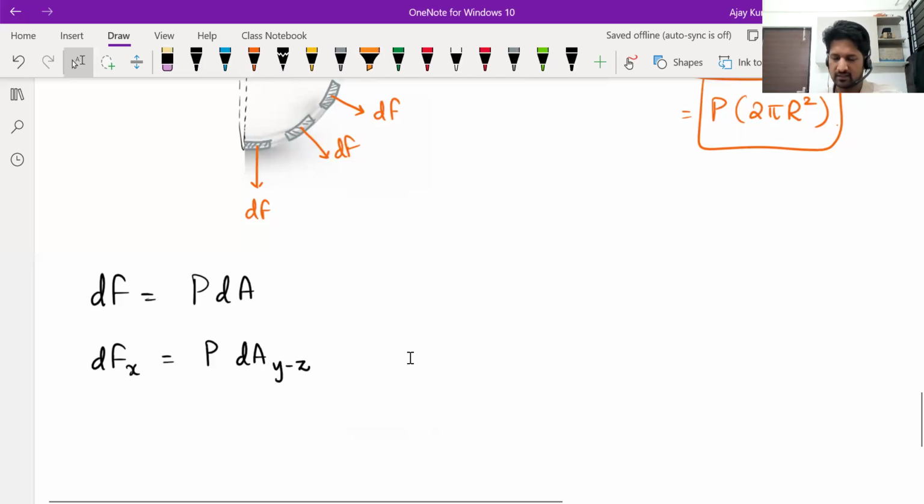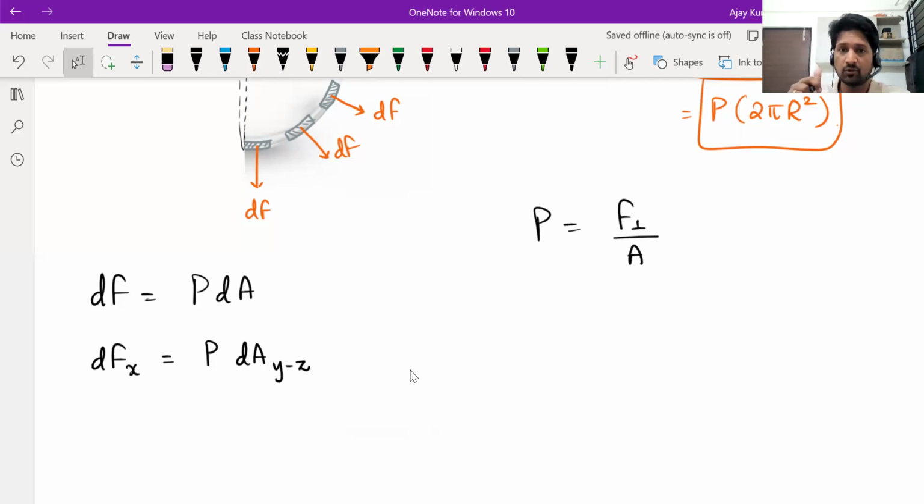It's quite easy to understand. Pressure is force perpendicular to the area divided by area. Okay, by definition, pressure is perpendicular force per unit area. Perpendicular to what? To the area itself. Okay, so if you want the force, you will have to write pressure multiplied with area. Which area? Area perpendicular to the force. Okay, force perpendicular to area, area perpendicular to force.